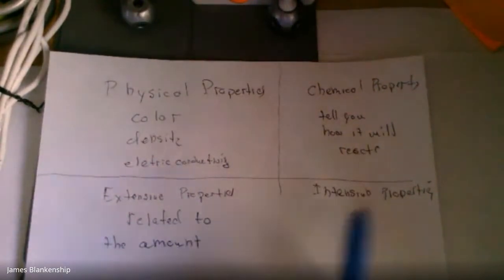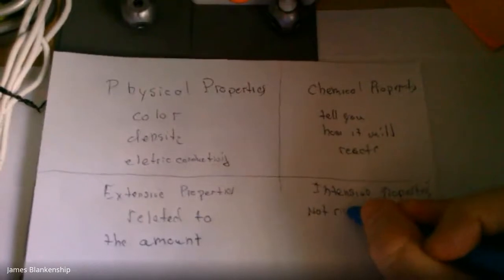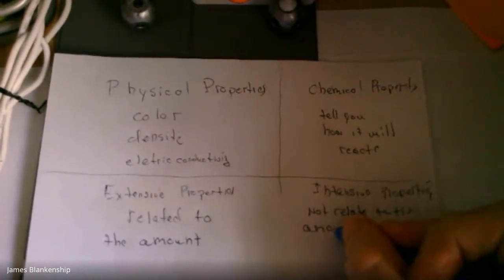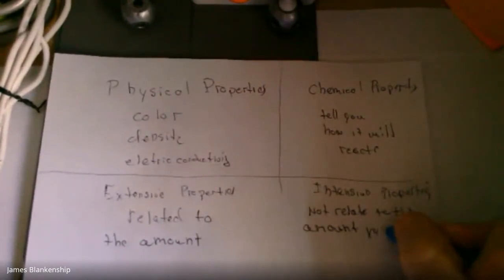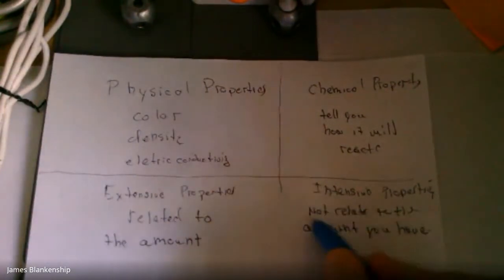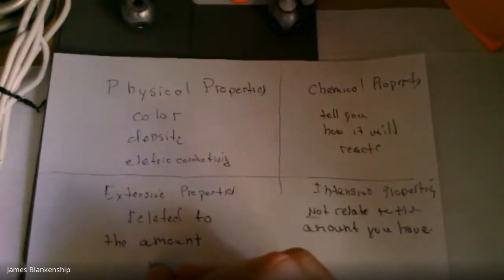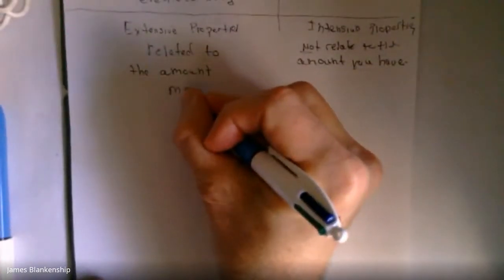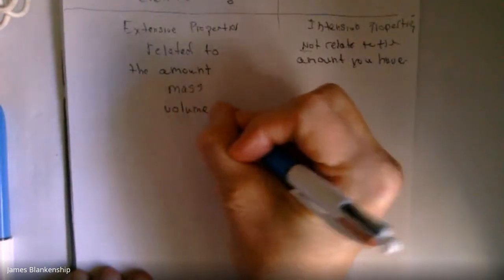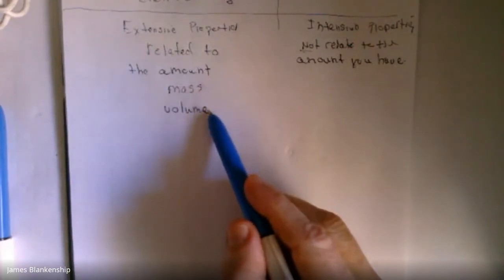An intensive property is not related. It's not related to the amount that you have. Let's talk about some examples. Two big examples for extensive properties are going to be mass and volume. Mass and volume will change the more you have of something. The greater the mass, the greater the volume.